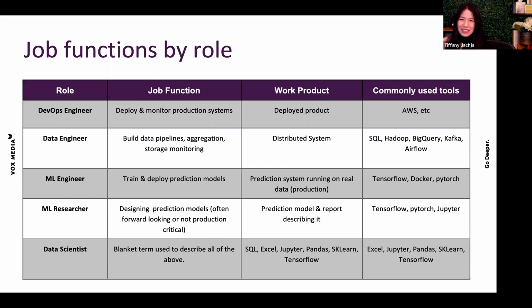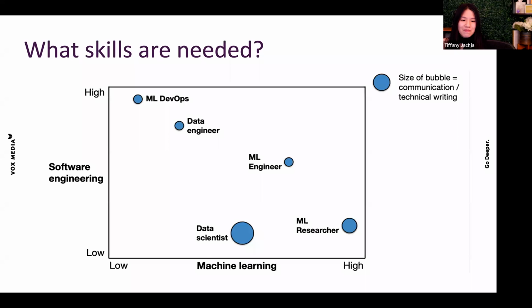And I really like this next diagram because it explains what happens when you don't have, for example, a data scientist or a DevOps engineer who is going to be taking over some of those key job functions, right? So on your X and Y axis, you have the skills or the level of expertise needed in a particular field. With your engineering roles, you typically need quite a bit more skills around software engineering.